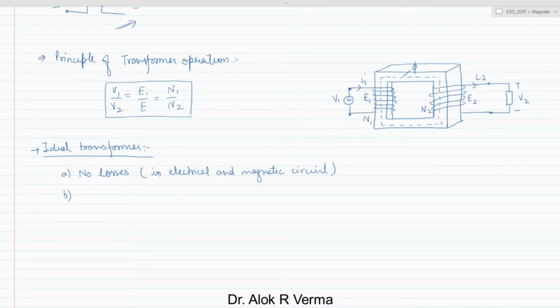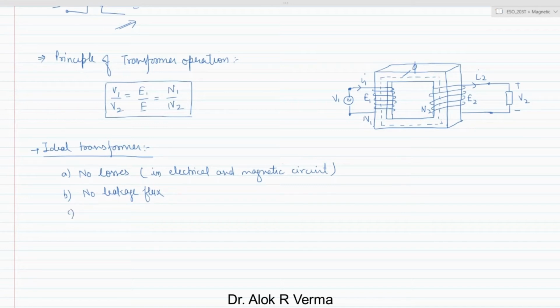So the flux which is being produced by the current I1 is linking completely to the secondary winding. It means that there is no leakage flux, or basically the permeability of the core is infinity.